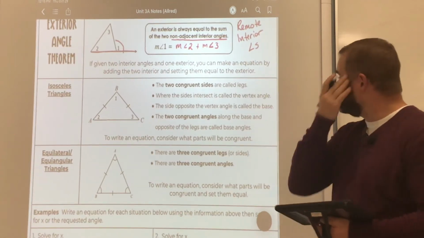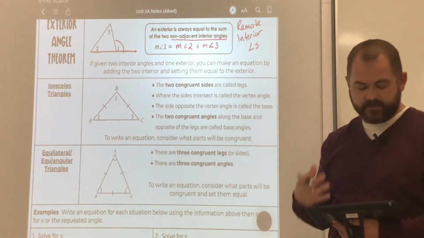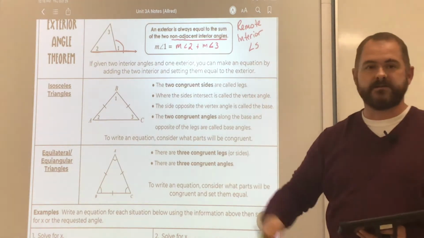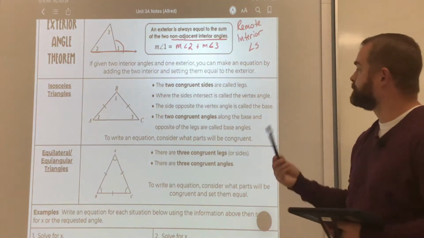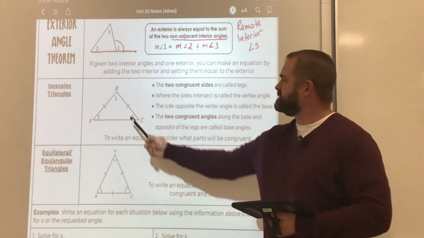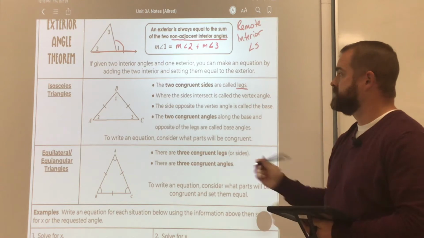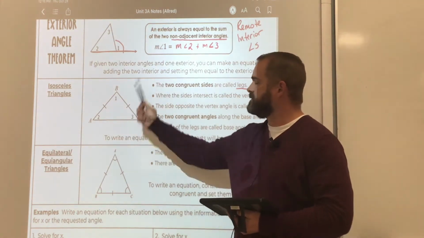There are a couple other ideas that are going to be really crucial for this lesson. One of them deals with isosceles triangles. There's not a lot to write down, so just follow along as we're reading this. In an isosceles triangle, the two congruent sides are called legs. In this triangle, AB and CB are the legs.